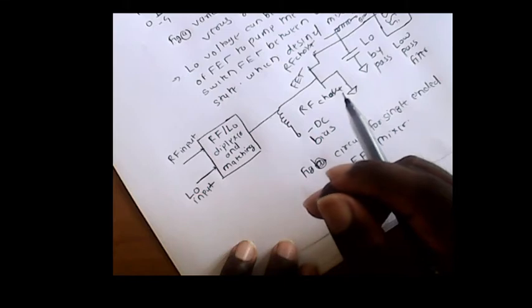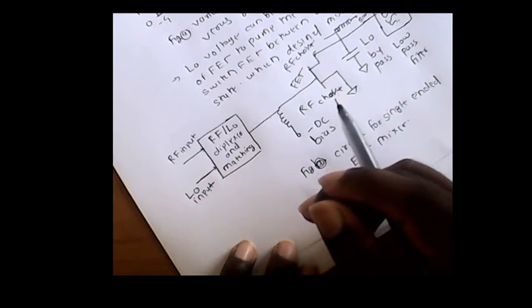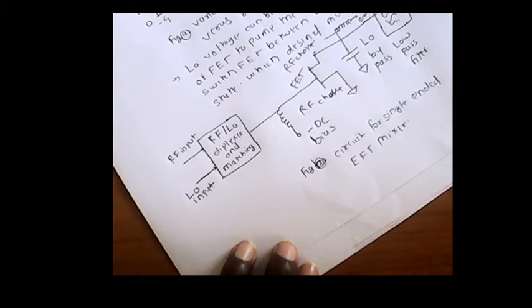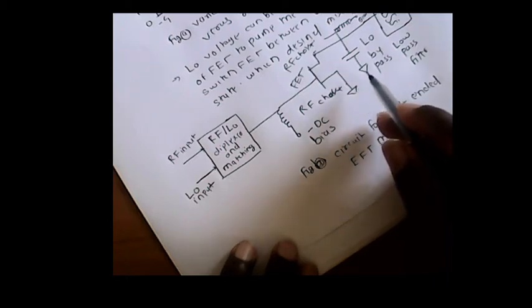RF chokes are used to bias the gate at a negative voltage near pinch off, and to provide the positive bias to the drain of the FET, and a bypass capacitor at the drain provides a return path for the local oscillator signal.